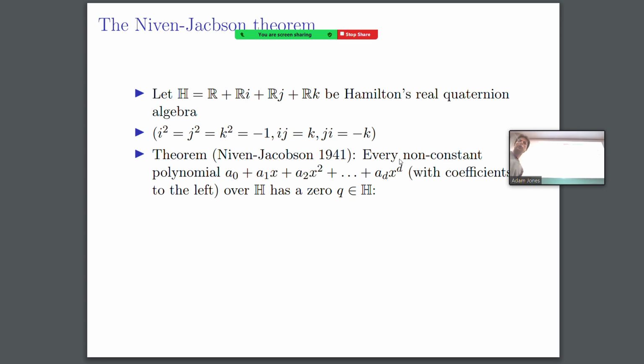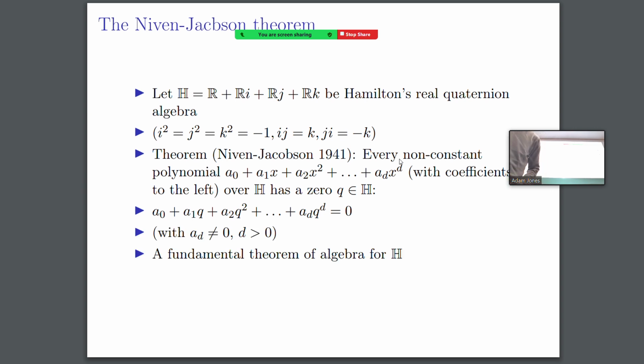And then we have the following theorem from 1941, stating that every non-constant polynomial with the coefficients written to the left of the variables, the coefficients here are quaternions, has a zero, which is a quaternion. In other words, we have a fundamental theorem of algebra for the quaternions.